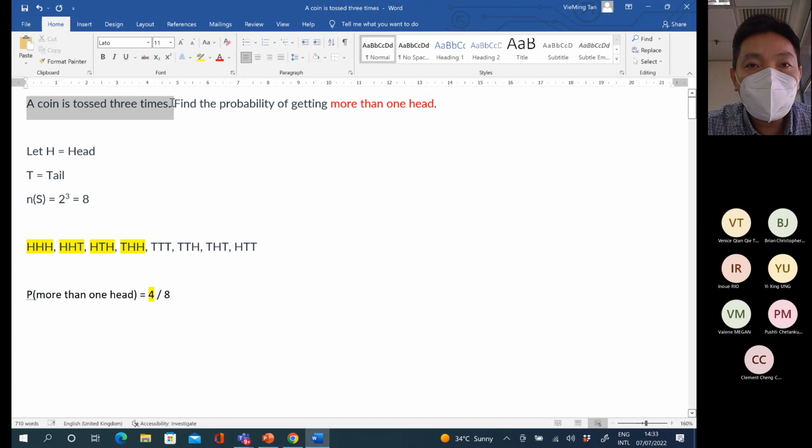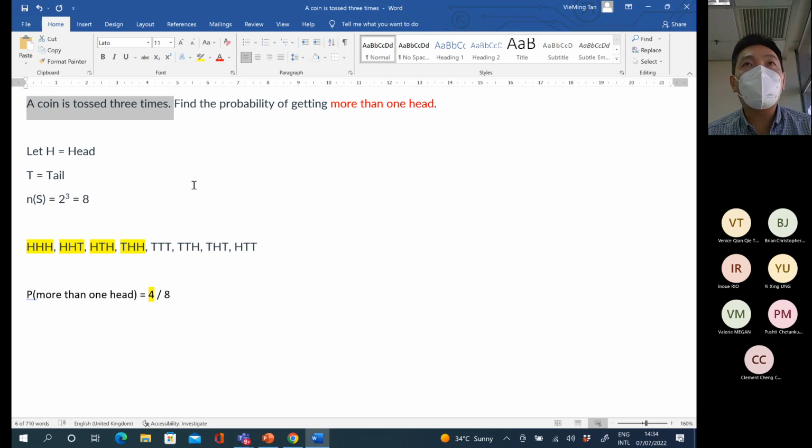So throwing the first coin is considered the first event. The second event is throwing the second coin, and then the third event is throwing the coin one more time, or the third coin. So for this question, there are 3 events involved, and these 3 events are considered independent events. Why do we say independent events?